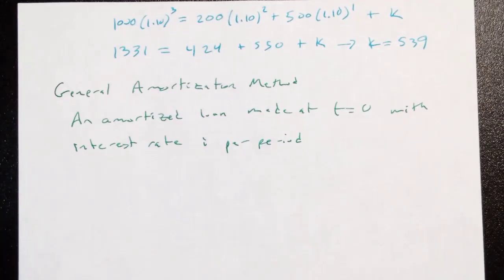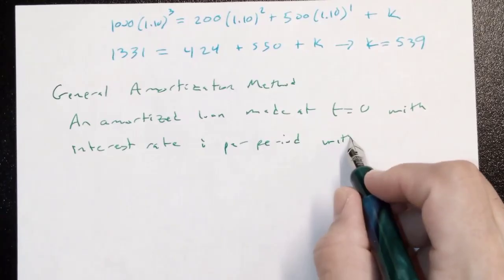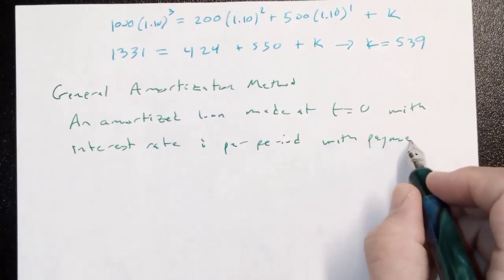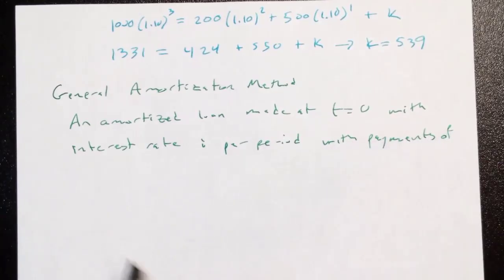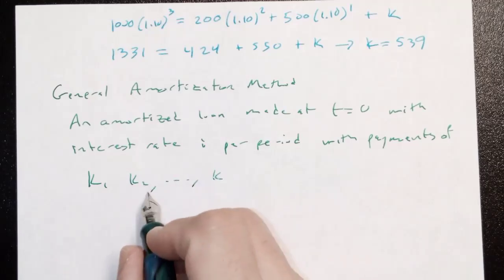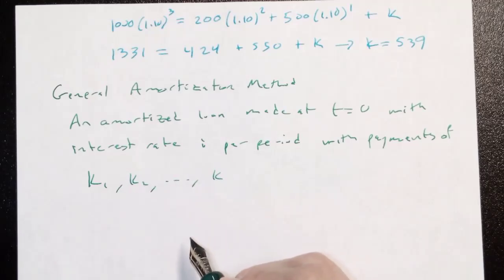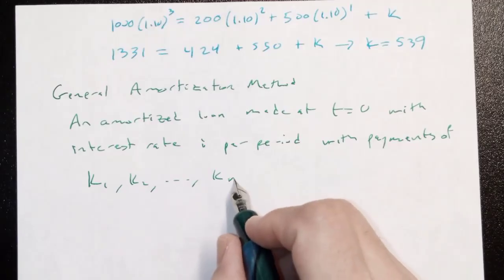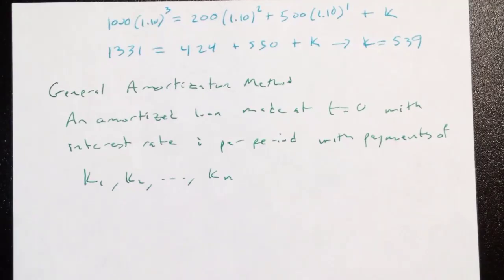I just want the appropriate equivalent rate. And I'm going to make payments throughout this time. They don't have to be the same, K1 through Kn.